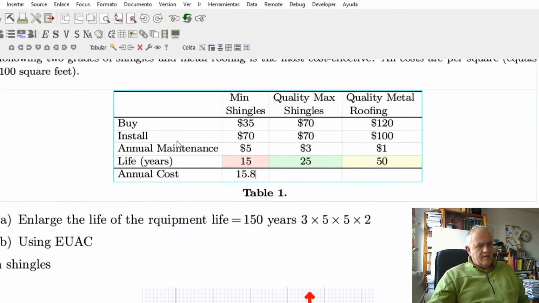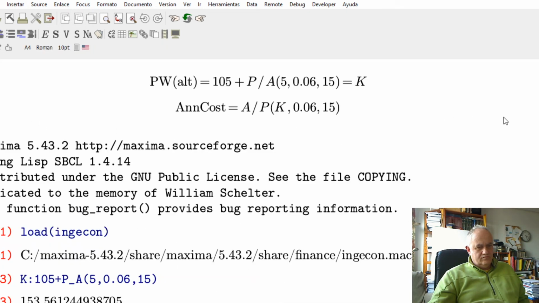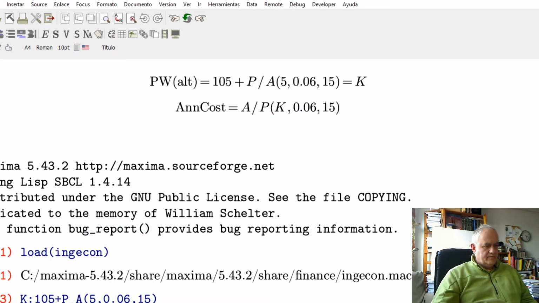Sorry, for the name is Quality Max Singles. Let's keep the formulas there.